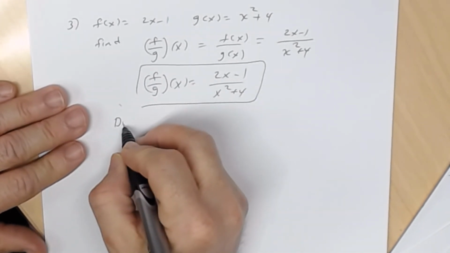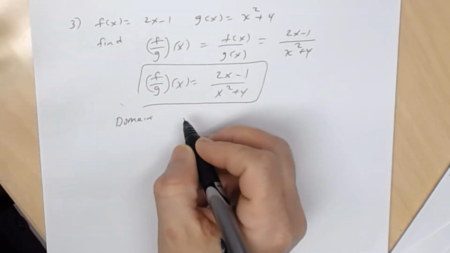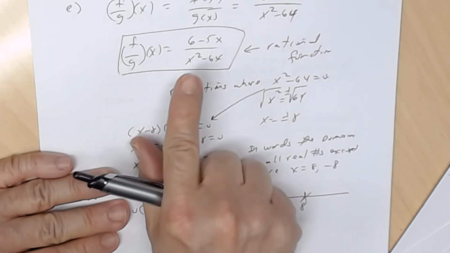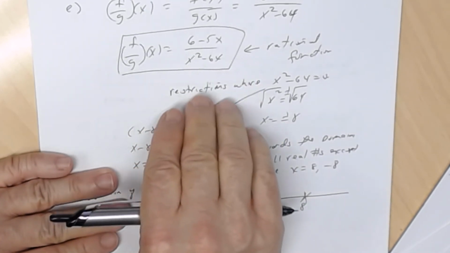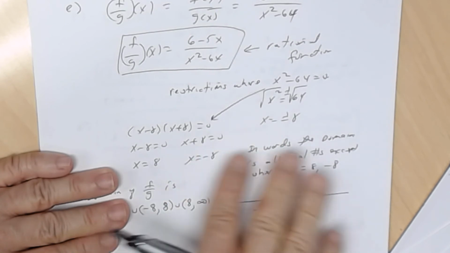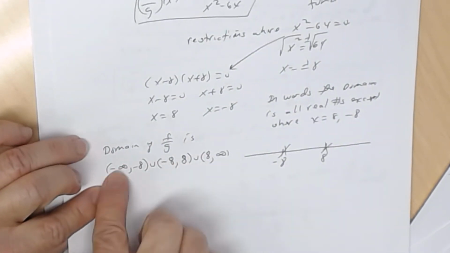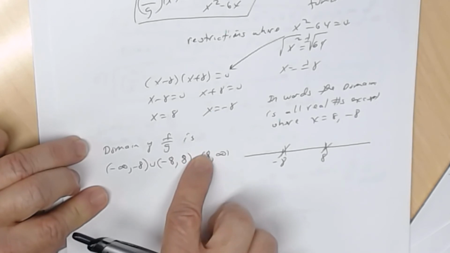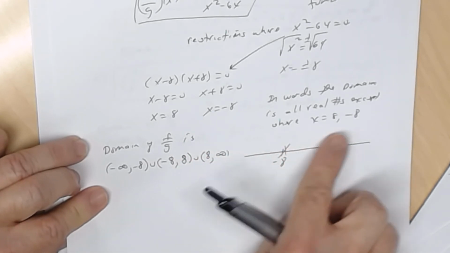Okay, let's find the domain. Let's go back over here. So remember when we did this one? We looked at this rational function and we said the domain was all real numbers except -8 and +8. Those are restrictions.